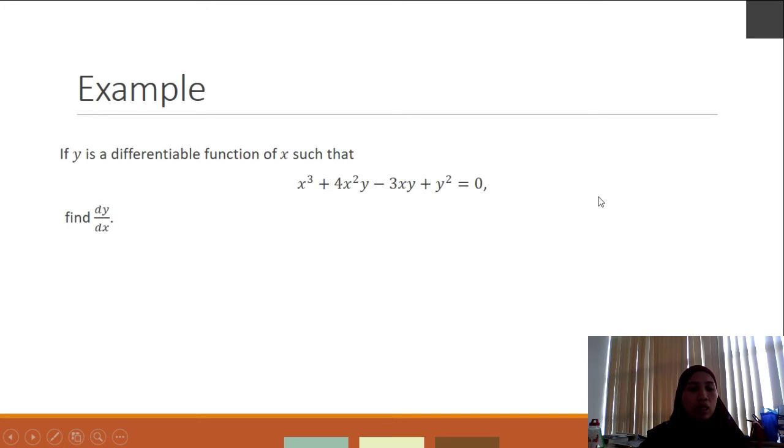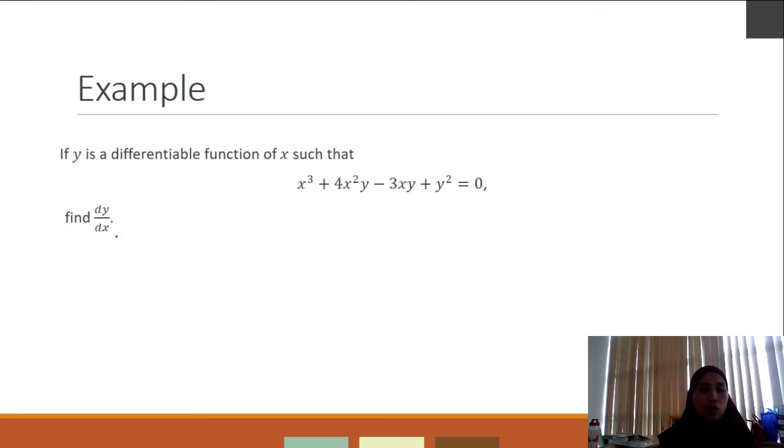For example, we have y as a differentiable function of x such that x cubed plus 4x squared y minus 3xy plus y squared equal to 0.